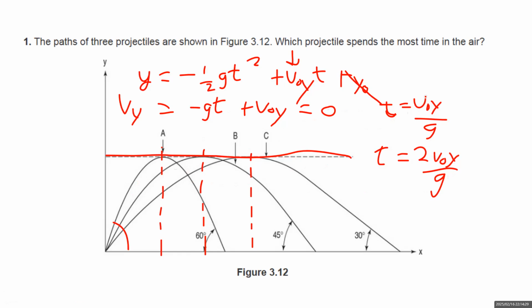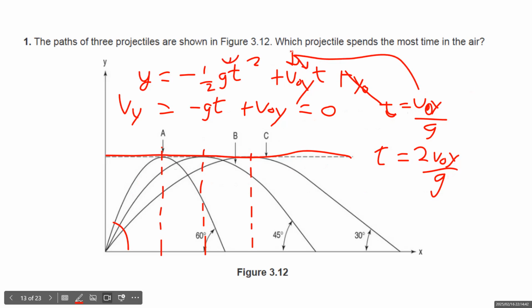If we plug v naught y over g in for t, right here and here, we'll get the critical point itself, which is negative 1/2 g times v naught y squared over g squared.